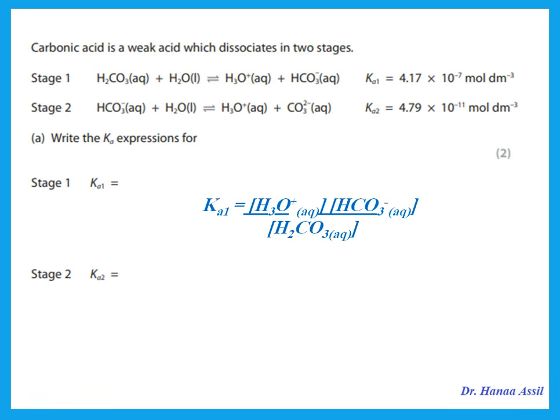So the Ka for the first stage is the concentration of the products over the concentration of H2CO3. Now for the second one also, it is the concentration of the products over the concentration of HCO3 minus. Again, we ignore the concentration of H2O because basically it does not change.